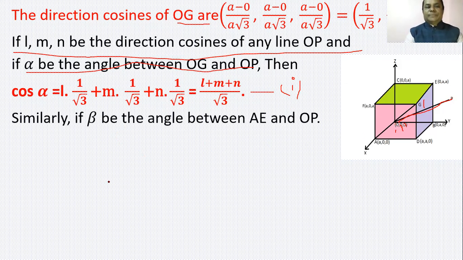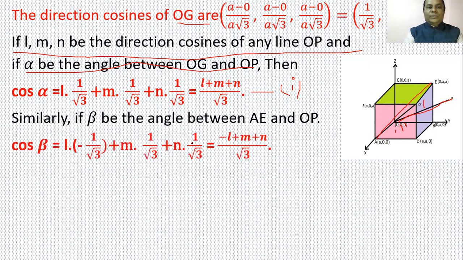Similarly, if beta is the angle between AE and OP, the OP directional cosine we have already supposed as L, M, N. Now we need to find the directional cosine of AE. To get it, the formula is the same. For A, you can suppose x1, y1, z1, and for E, x2, y2, z2.